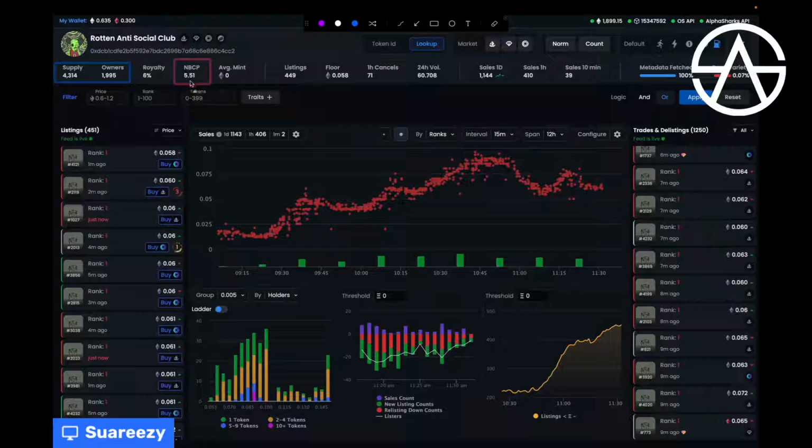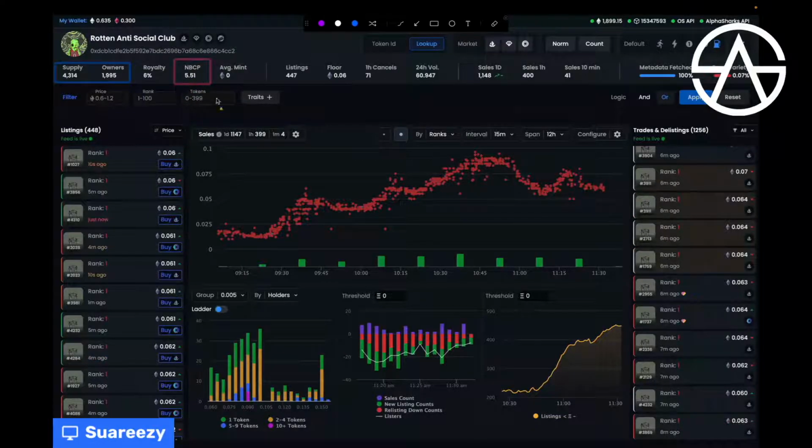Once you start pushing 10, 12, 15%, that's when over time you can start to see projects like Goblins, which was a great example, and Rary Pepes was a great example. These projects start off as either free mints or just low priced, and over time this number has been very key.